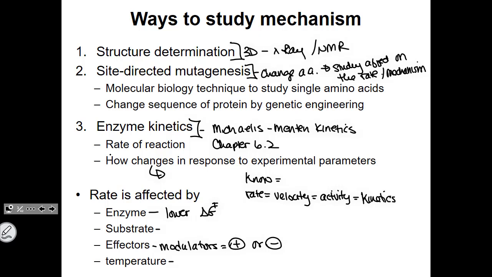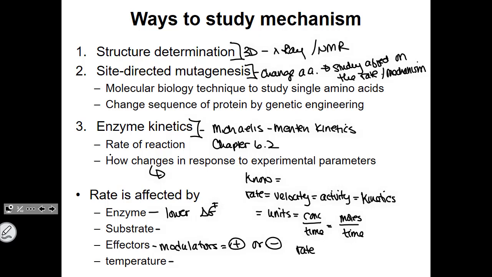These are all the same type of term. And so the units are either referred to as units or concentration of your substrate or product per unit of time. We'll talk about this again in a little bit. Or the number of moles per time. So it's always some sort of concentration per unit of time.